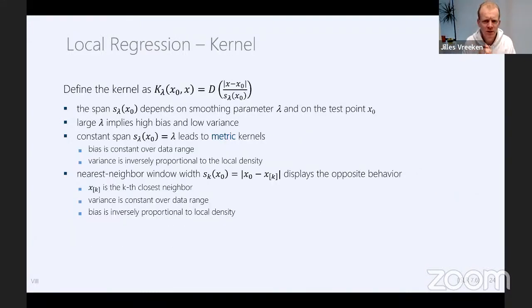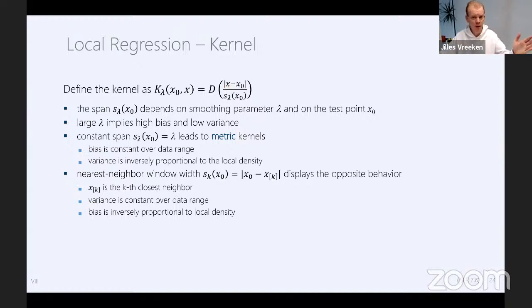Good. So let's now look a bit more closely at the kernel. We have function k for kernel. We have a smoothing parameter, lambda. Still remember this one. We have a test point x0, and then we have some data point x. Effectively, what the kernel tries to measure is the distance d of the query point to the data point in absolute terms, right?